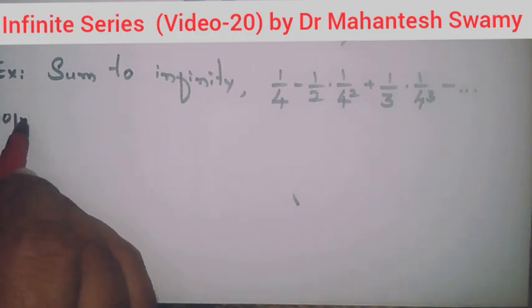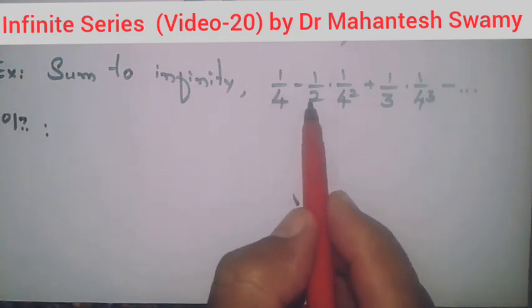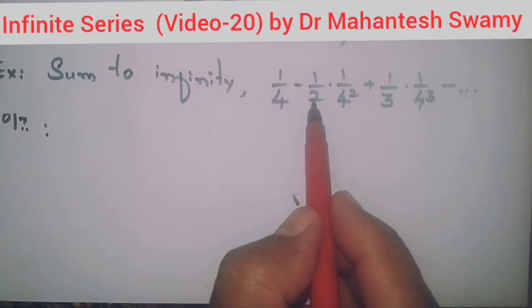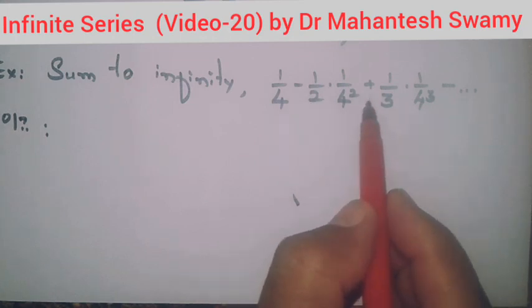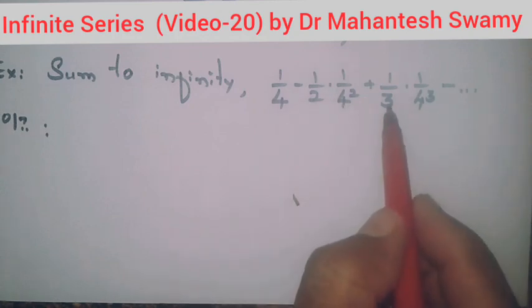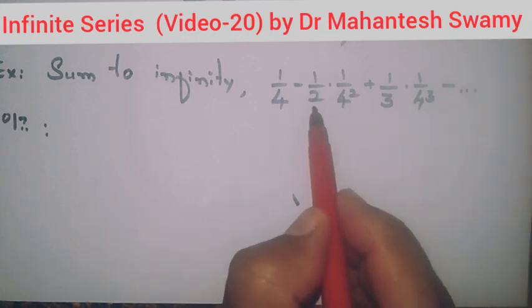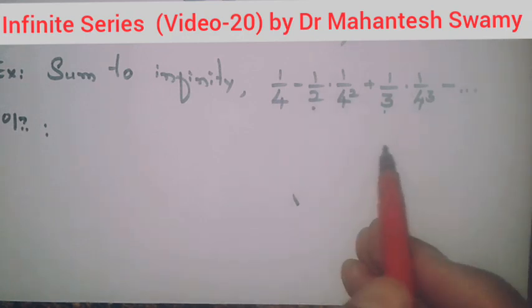So how to write down the given alternating series? It is observable here that we have x by 2, x by 3, x square by 2, x cube by 3, and the later term will have 4 in the denominator. So these are to be retained in the denominator.